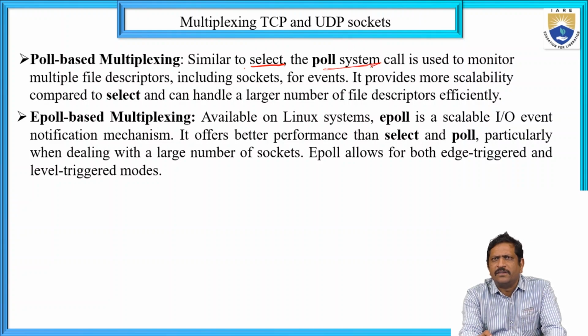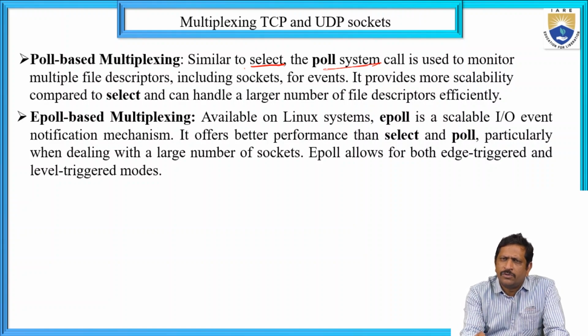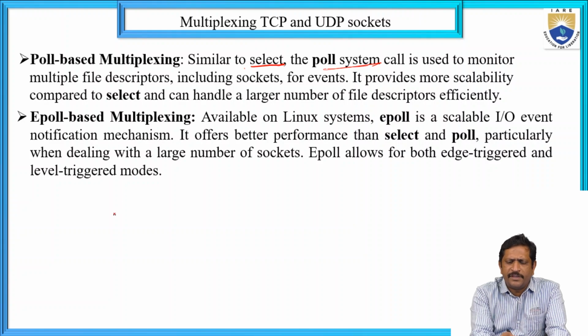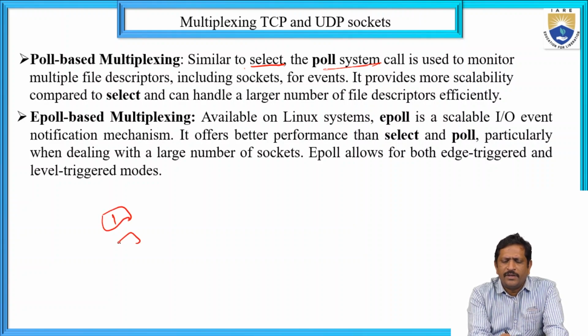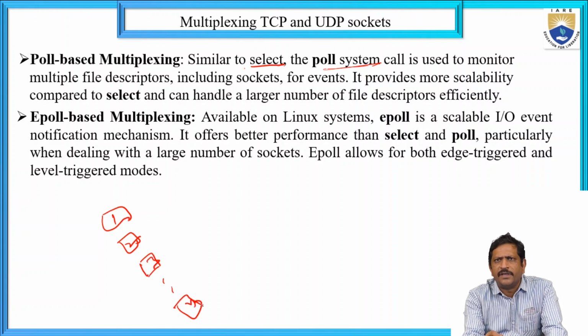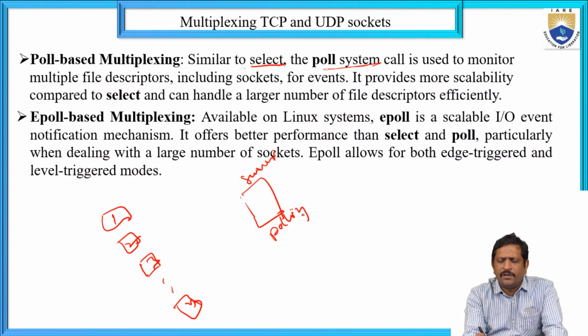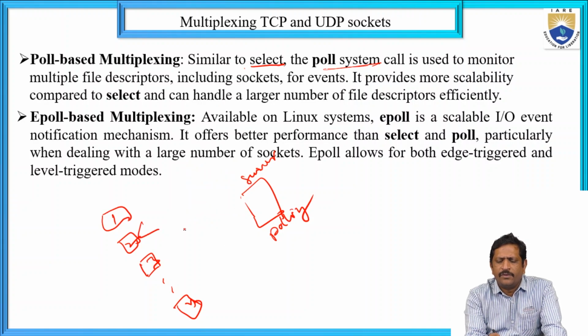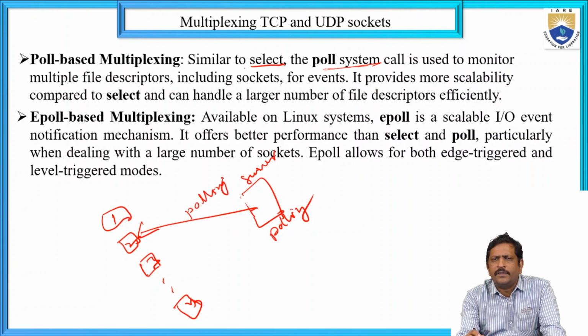Based on a specific device, we are not selecting all socket devices, only the specific device. For example, if you take device 1, device 2, device 3, up to n devices, in this poll based method the server selects only the specified device through this polling technique.